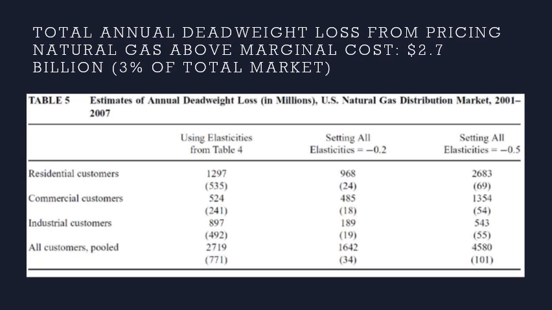Maybe just focus on column 1 here, using elasticities from their table 4. You can see residential consumers bear the most of the burden. The deadweight loss in the residential class is the highest, and then the industrial consumers are bearing somewhat more than the commercial customers. But overall, there's a fairly large deadweight loss in this market because of non-marginal cost pricing.